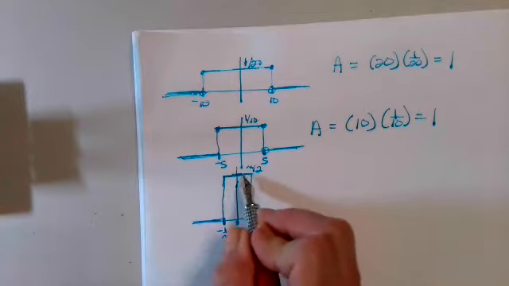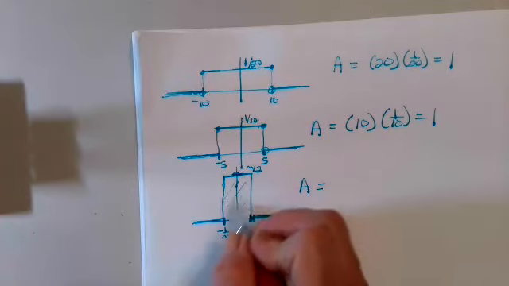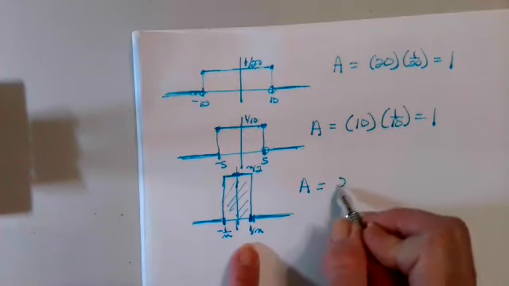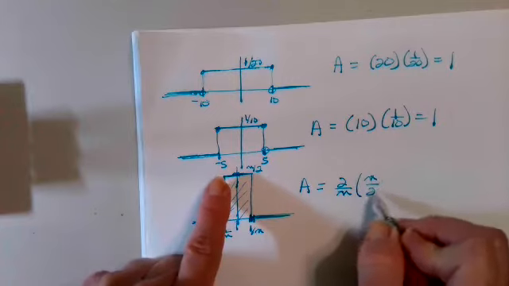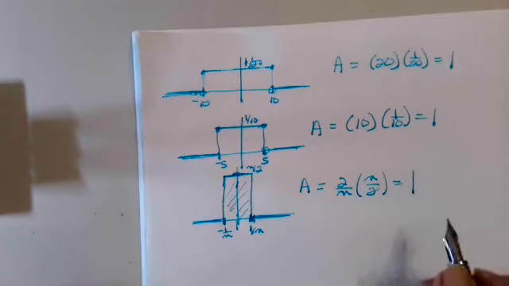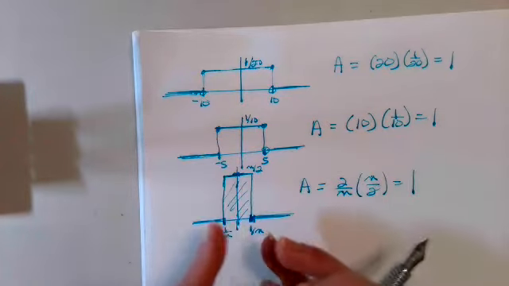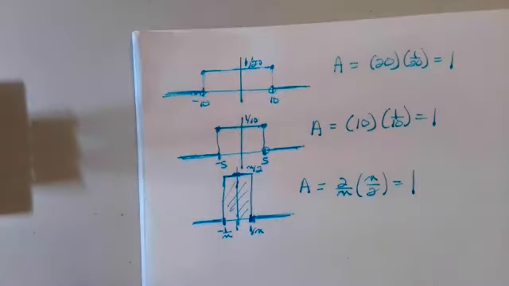The width is 2 over n, times the height n over 2, so the area stays 1. And so what you see is that the skinnier the bottom of the rectangle gets, the higher the top has to get in order to preserve the fact that the area is 1.